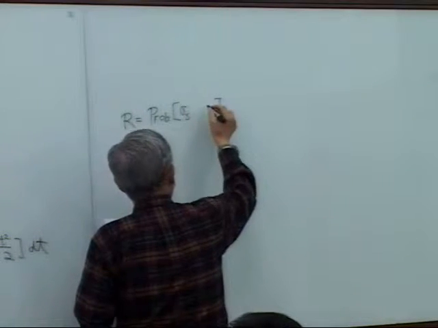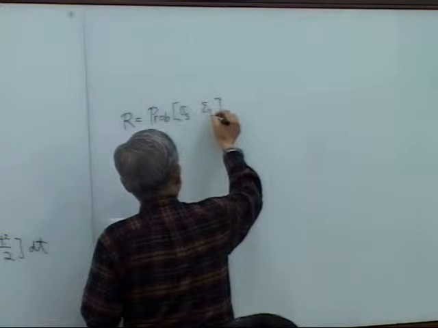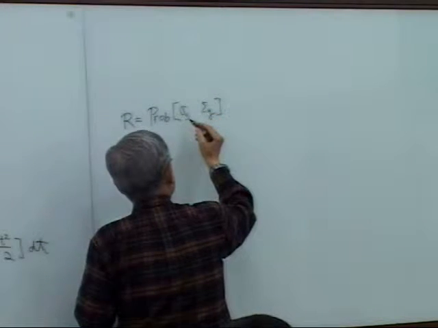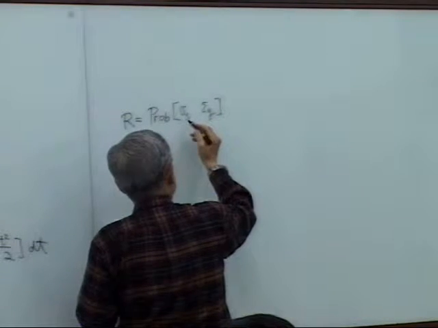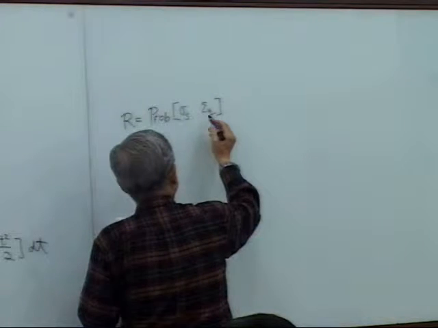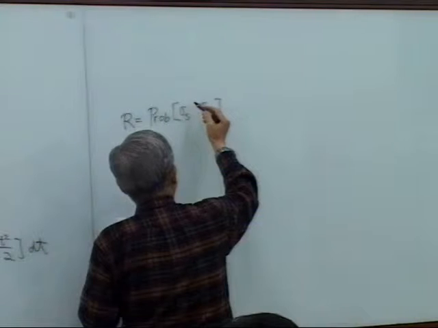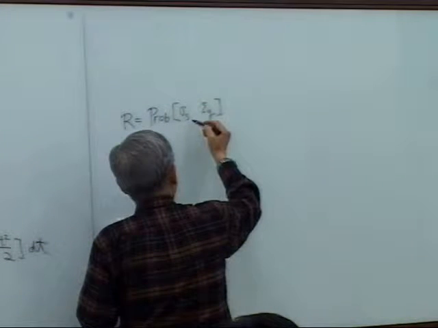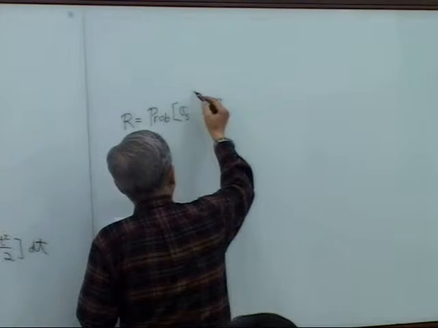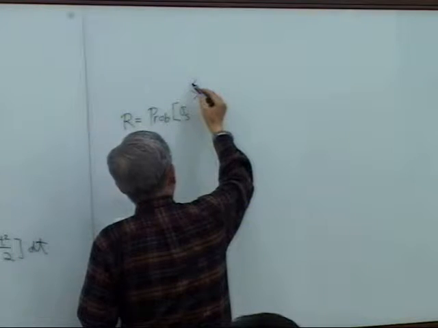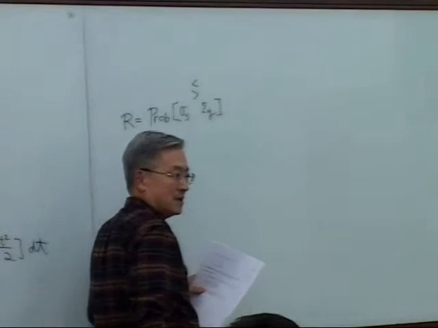sigma s and sigma y, actual stress and yield stress, for reliability has to be which way would this go? This way or this way?